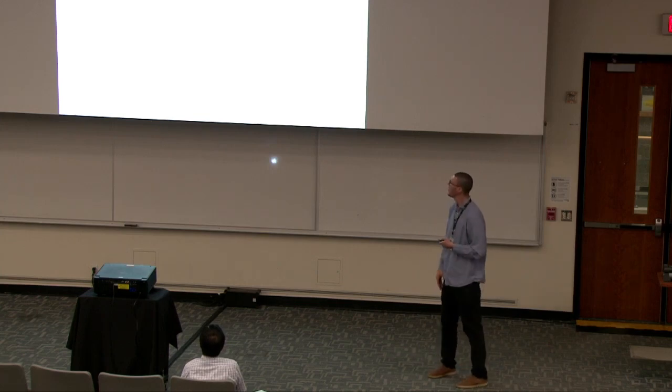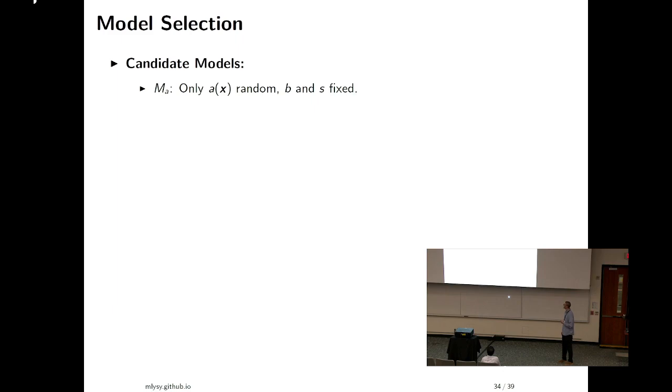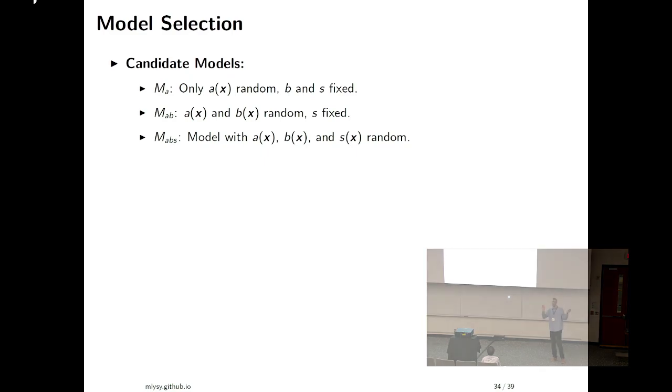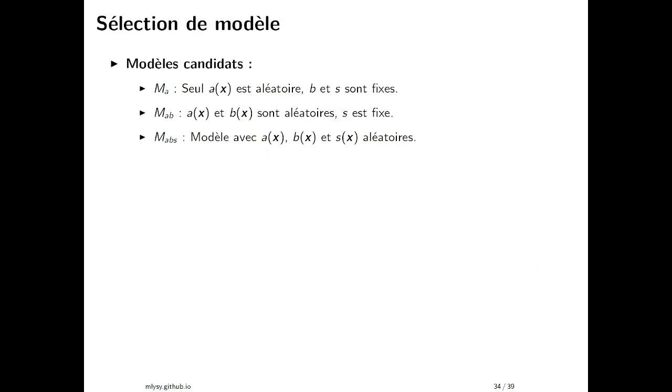Okay, so here are the models we looked at. They're all GVGPs, but we just looked at a few variants of it. One of them was only the location is random, location dependent. Everything else is fixed. The other one was location and scale are random, and only the shape is fixed. And finally, we did all random, so the fullest model.